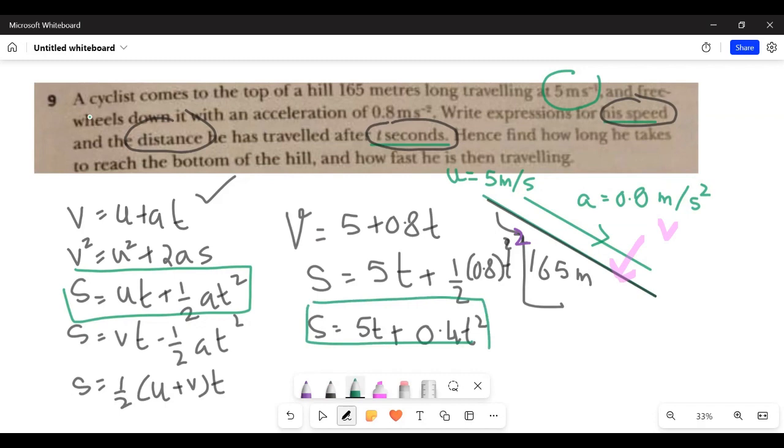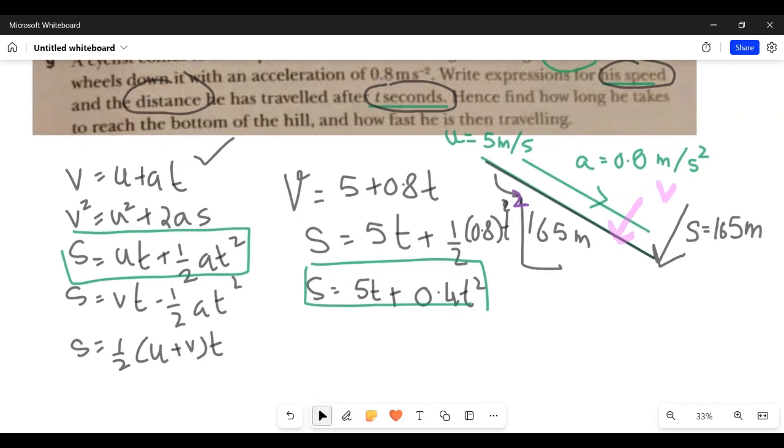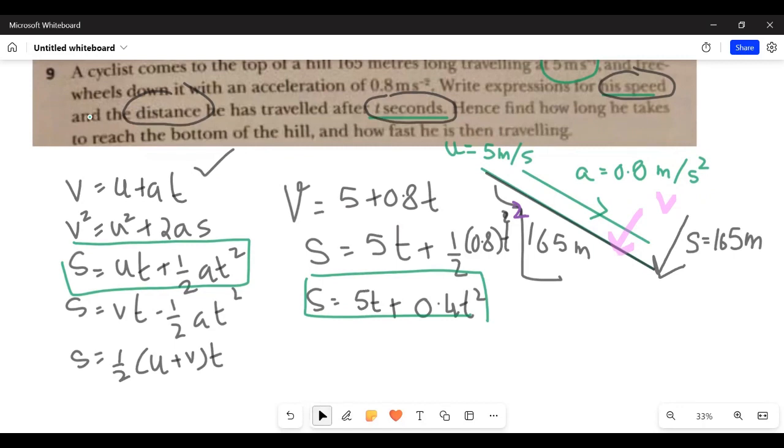Hence, find how long he takes to reach the bottom of the hill and how fast he is traveling there. So when he reaches the bottom of the hill, that is this point, you know the distance covered, 165 meters. So now in the second equation, replace s with 165 and find the time, because it says, hence find how long he takes to reach the bottom of the hill.